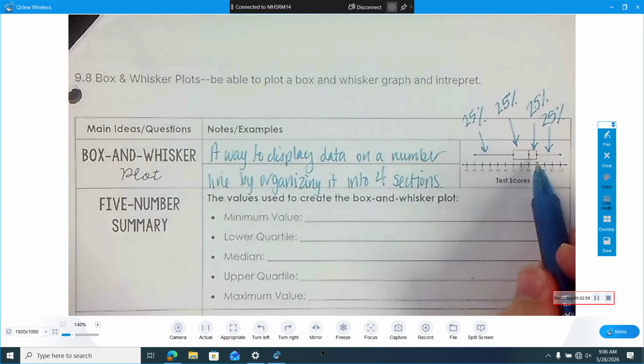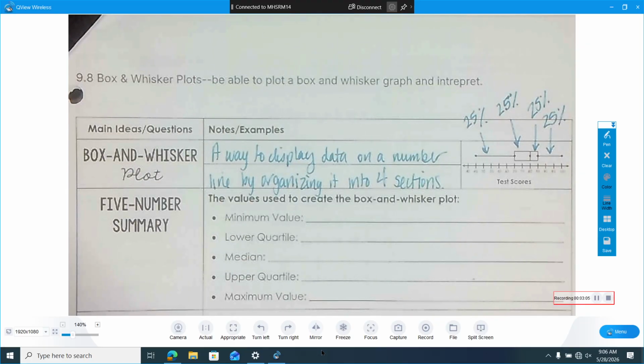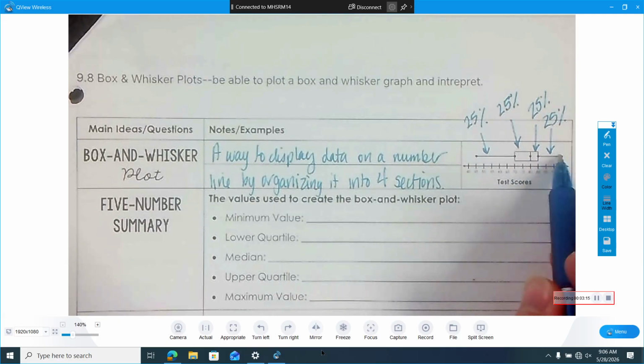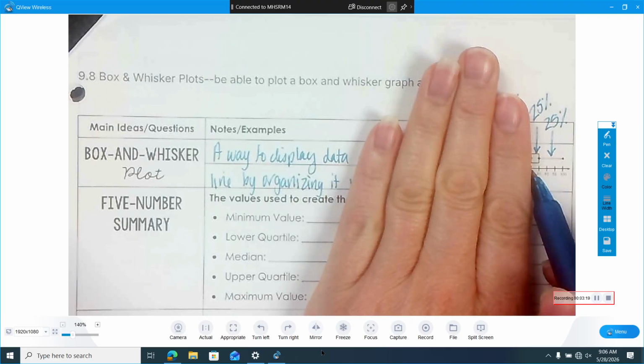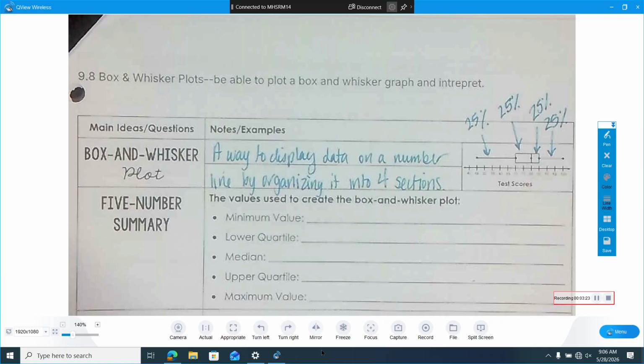But you can also tell 25% of the test scores fell between 80 and 85. And that's kind of interesting data. 25% of the students in this group got between 80 and 85. That's pretty good. You can see that 50% of the students, so this top half of students, got above an 80%. That's pretty good, all right?